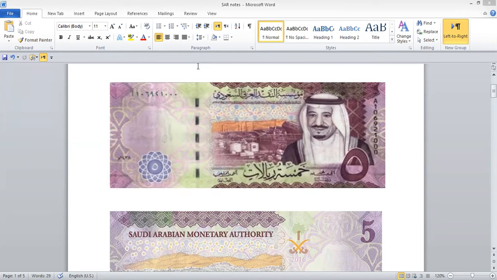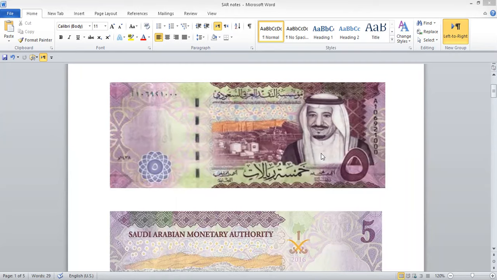Can you tell me the value of this currency note, guys? Five. Its value is 5. You can see this is a currency note of 5 real.